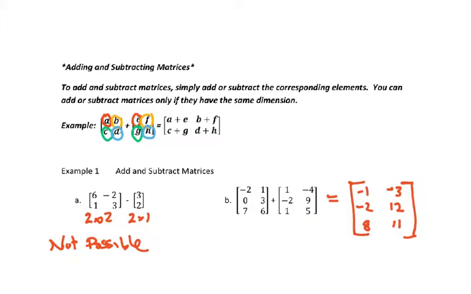Again, if you're like, whoa, what did he do? I added the numbers that were in the same spot. Negative 2 plus 1 is negative 1. And so on. I did that with each location. And now we have a new matrix for our answer.